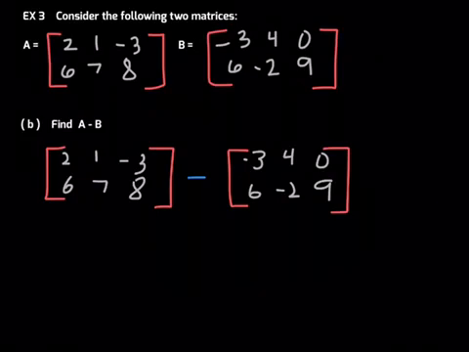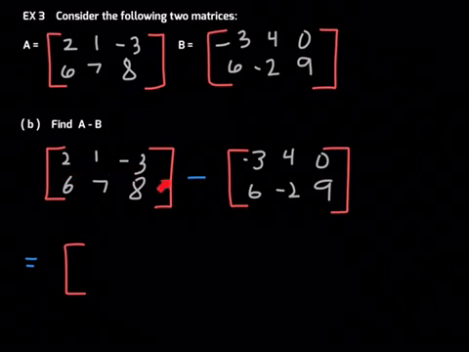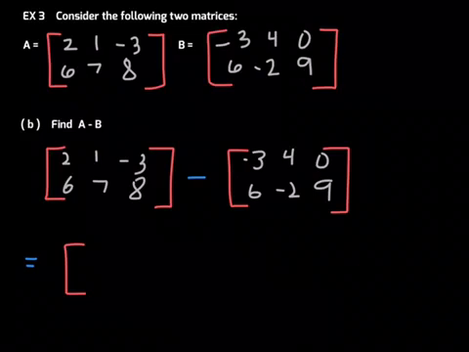Okay, guys, and the way we're going to do this is exactly the same way we found the sum. That is to say, we're going to take every entry in matrix A and subtract it to every corresponding entry in matrix B. I stuttered there because I should actually rephrase that a little bit better.